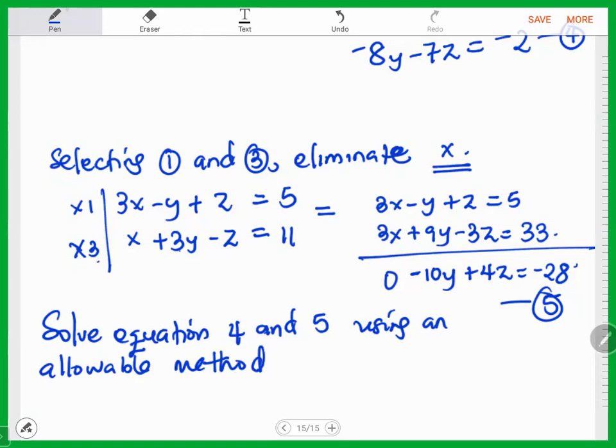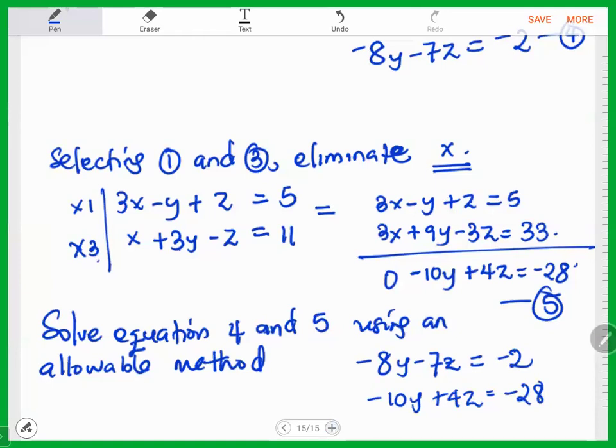So the equations that you have are negative 8y minus 7z is equal to negative 2, and minus 10y plus 4z is equal to negative 28. We are going to solve those two using any method allowed.